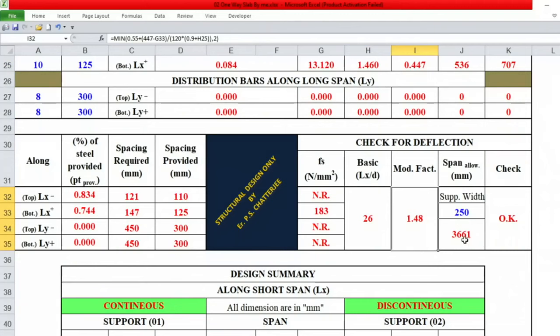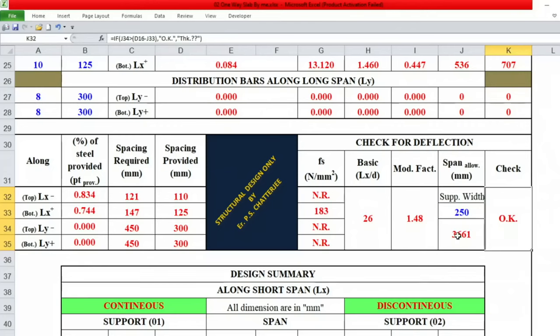Now the allowable length of the slab in shorter span will be round up H32, basic Lx by d into modification factor into effective depth of the slab.